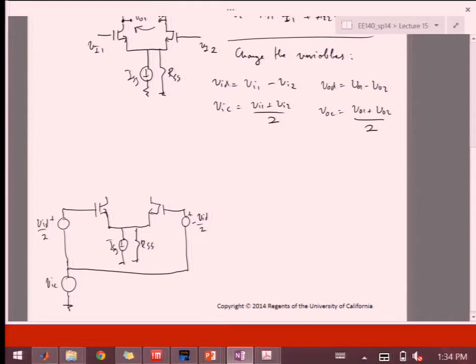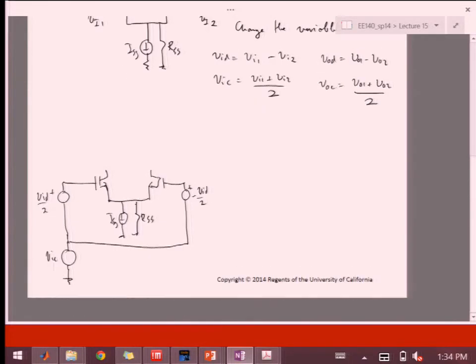If you do the math, so you're essentially adding to VIC, which is the average, you're adding half of VID, you will get VI1. Just if you halve this and then sum, these will cancel out, and you'll get VI1 over 2 plus VI1 over 2. So that's VI1. On the other side, you'll get VI2. Okay.